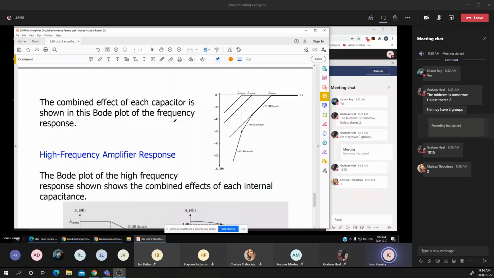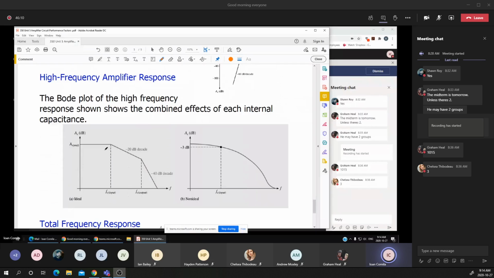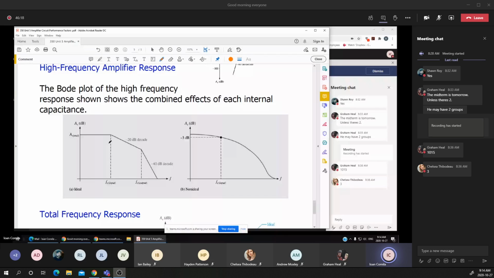And you notice that most of the time the drop in gain is about 20 dBs, or decibels, per decade on a high frequency. Suppose that I have a steady gain for a circuit up to a certain frequency.